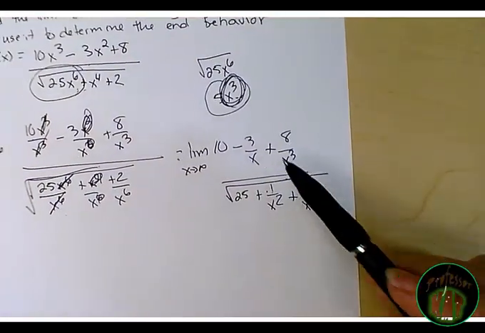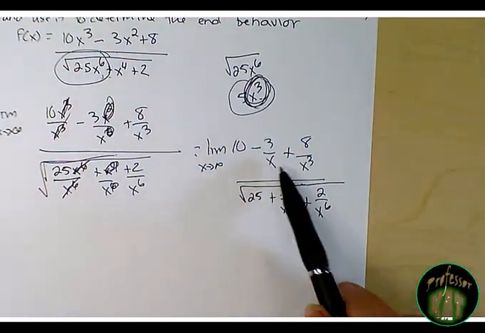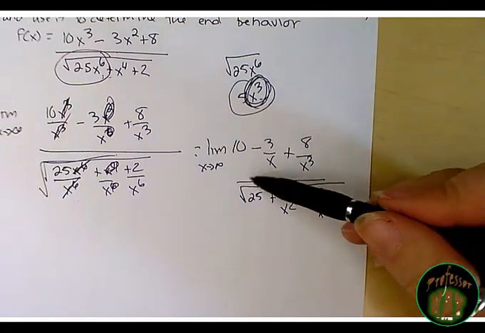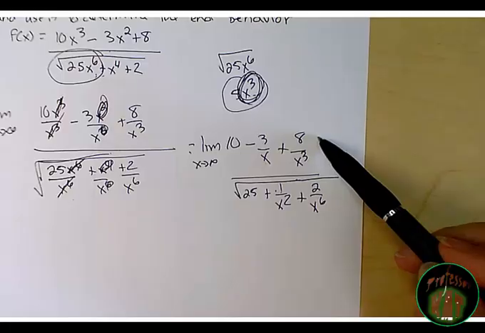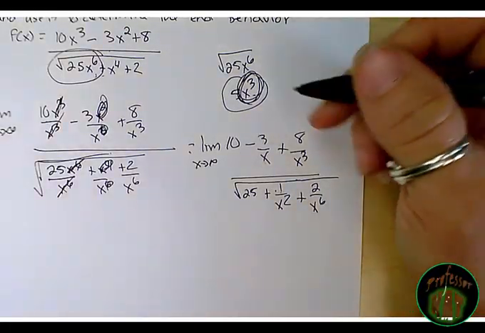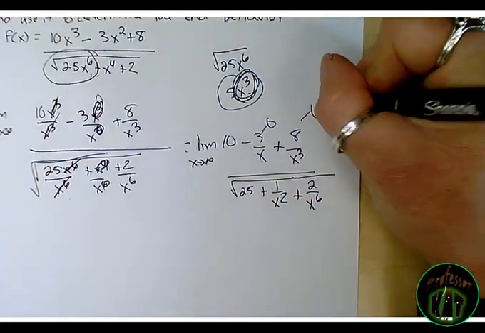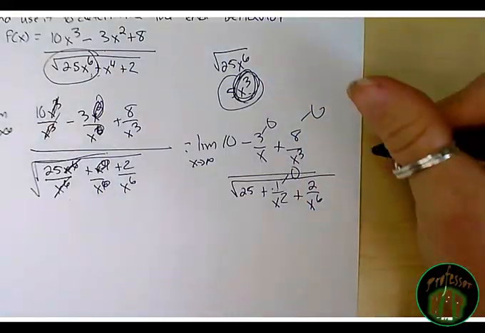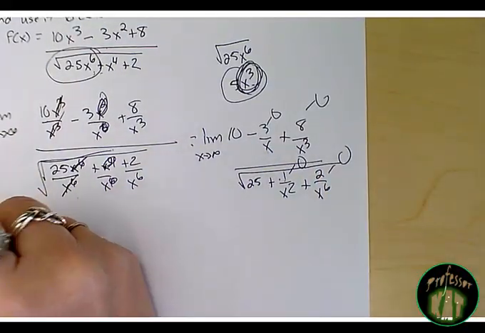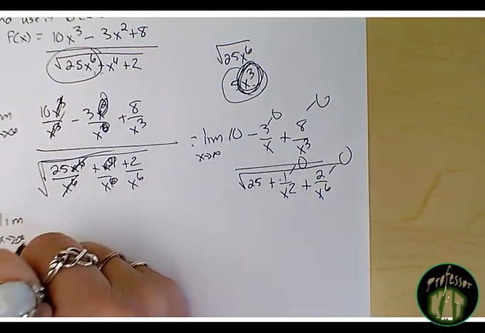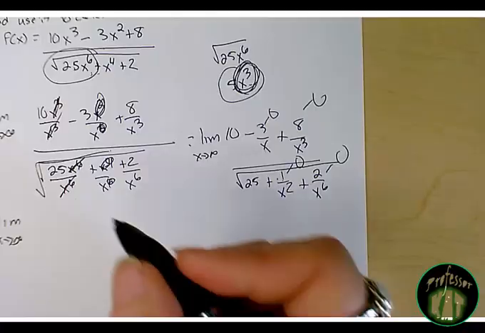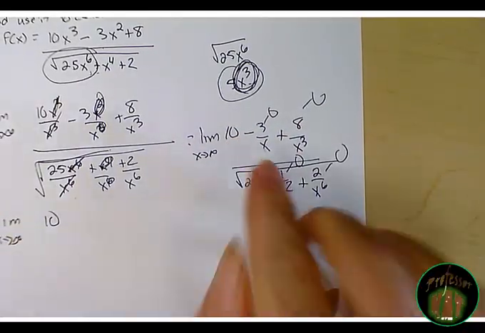Now, rules of fractions here. We know the bigger our denominator is, that fraction is going to go towards 0, right? So if we have x as our denominator, not in the numerator, these are going to go to 0. So this is going to go to 0, this is going to go to 0, this is going to go to 0, and this is going to go to 0. So we're really looking at the limit as x approaches infinity of, well, all we had left in the numerator was the 10.